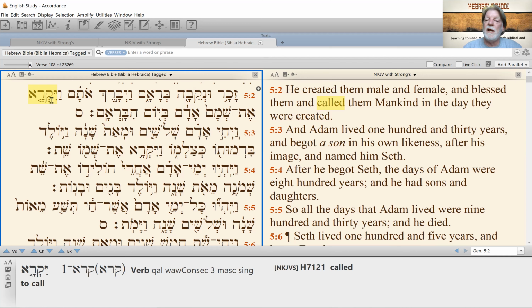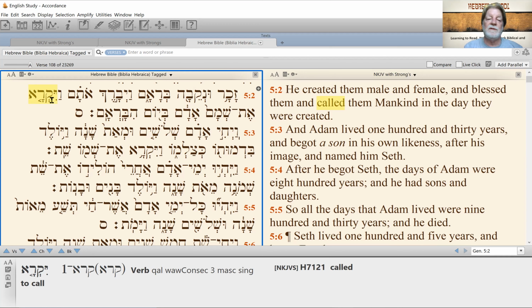And since this genealogy is all in the past, all of our verbs are going to have the idea of completed action, even though most of them are going to be in the imperfect form. So let the context be your guide. If the context tells you you're dealing with past stuff, it's either going to be completed action in the past or continuing action in the past.